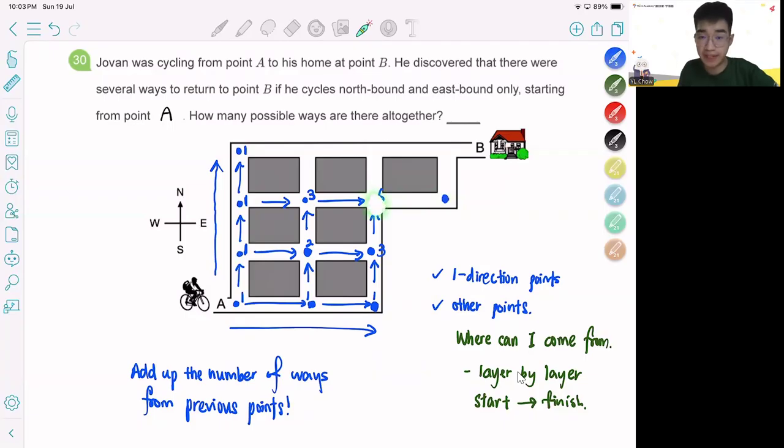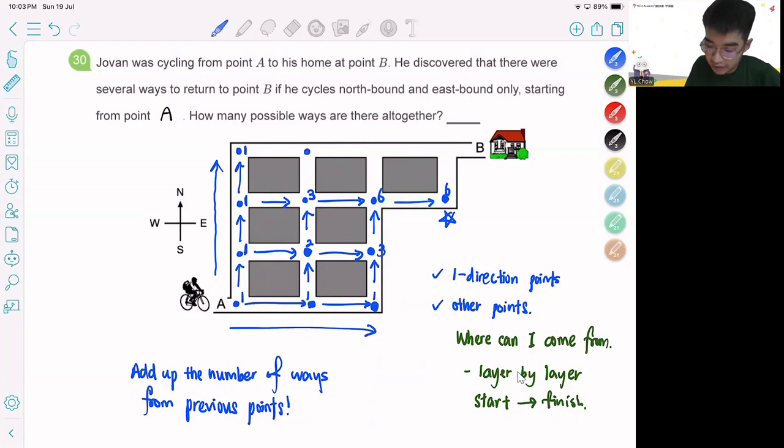Continuing from each of these 6 ways, I can move on to the right to reach this point. So if I have 6 ways to come here, from every way, I can continue to come here. That is why there are also 6 ways, right, to reach this point. Now this is tricky because there's only 1 point, right, coming before it. Now we are almost done. Let's look at the last level, right?